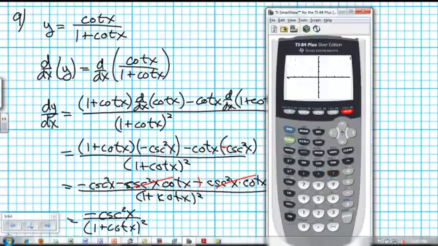Let's go ahead and graph it, and let's see if indeed we get the confirmation graph. So there's what I think the derivative function looks like. And that is not the same function. Well, nope. So let's see if we can figure out where we made the error.